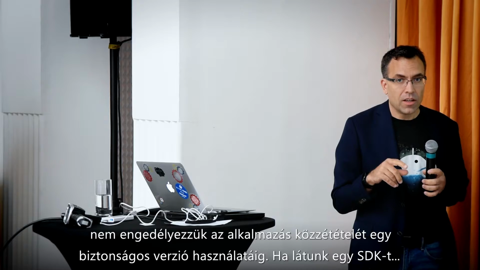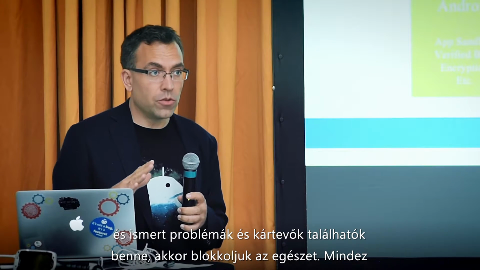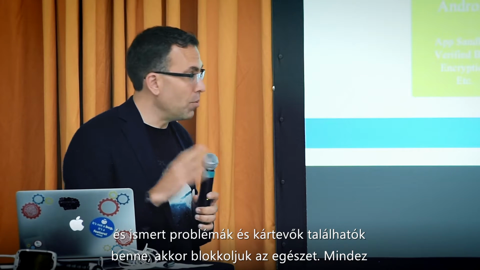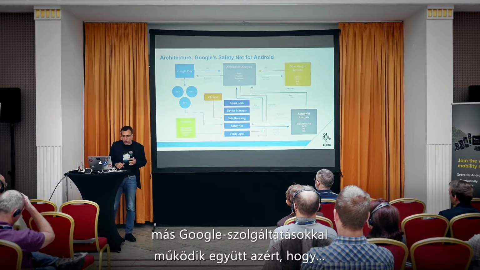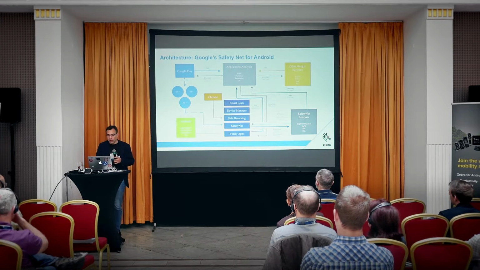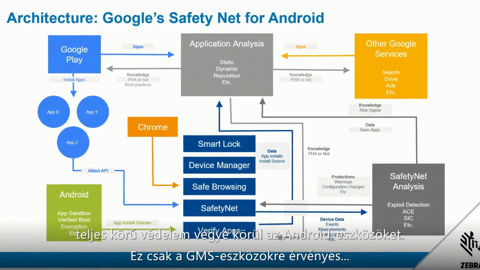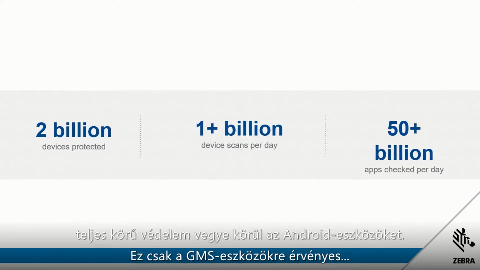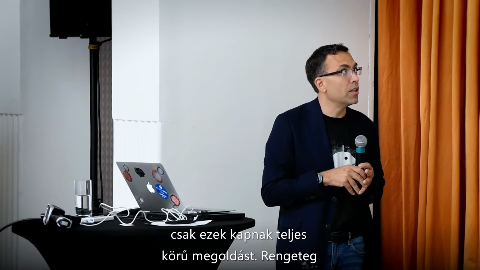If we see an SDK in there that has known issues, malware associated with it, we'll block that. All of this works together along with other Google services to ensure that there's a complete wrapper of protection around those Android devices. And this is only true for GMS devices, that you get this complete solution.